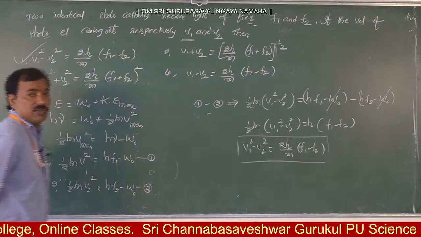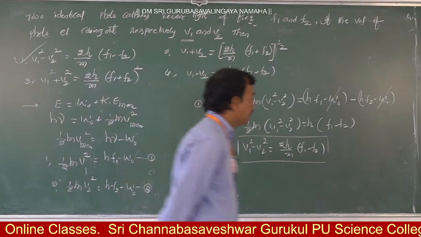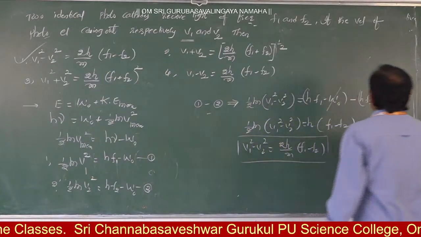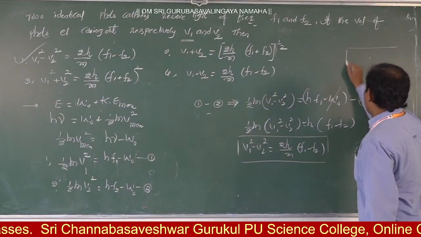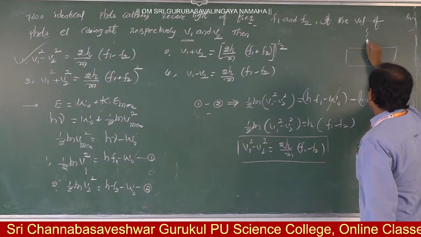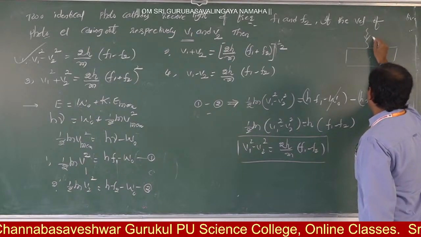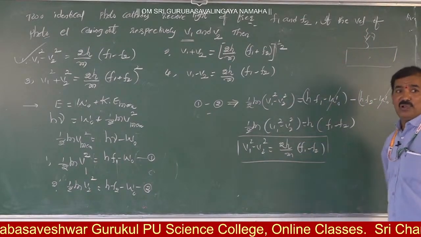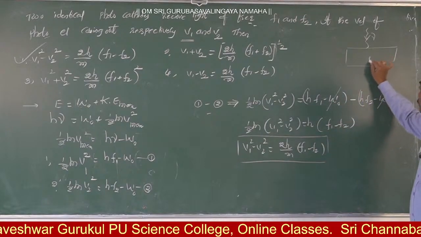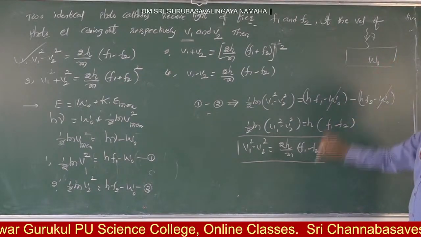Again, one application. This is our metal surface. Incident light has frequency nu. The work function of the metal surface is W or W naught.